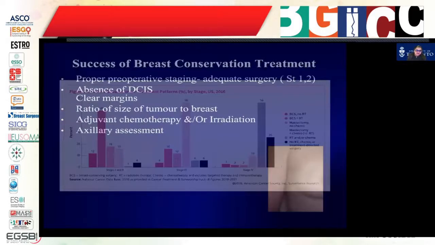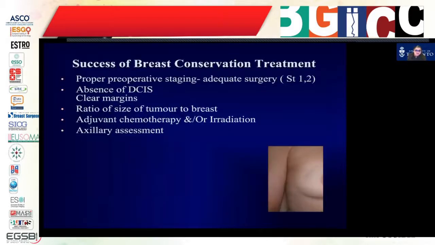The success of breast conservation treatment depends on proper preoperative staging, and that's where MRI comes in. If you prove that this is a stage 1, stage 2 disease, there is no other involvement of any other structures, there's no DCIS, and it's very easy to perform these surgeries.